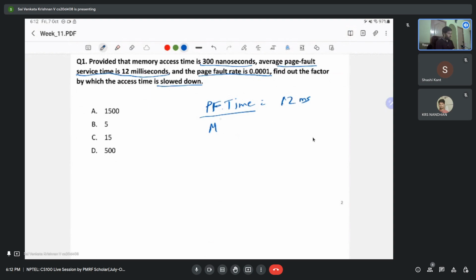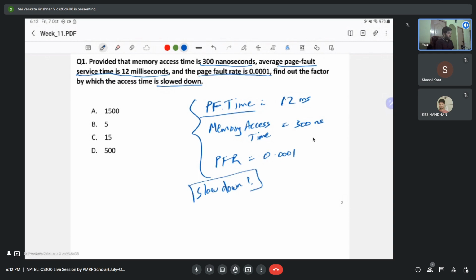And they have also given your memory access time, which is 300 nanoseconds, and the page fault rate is 0.0001.